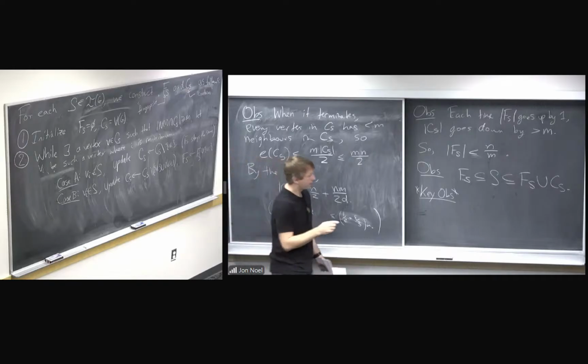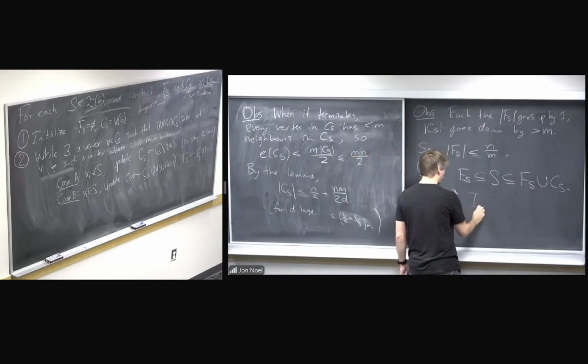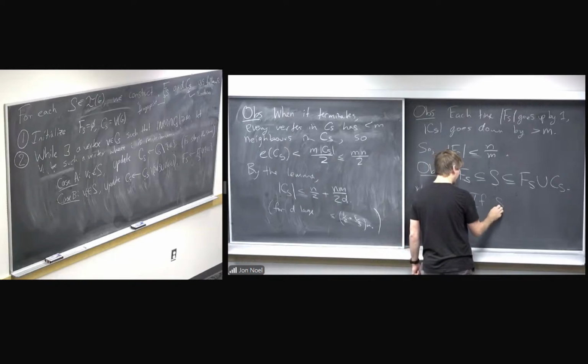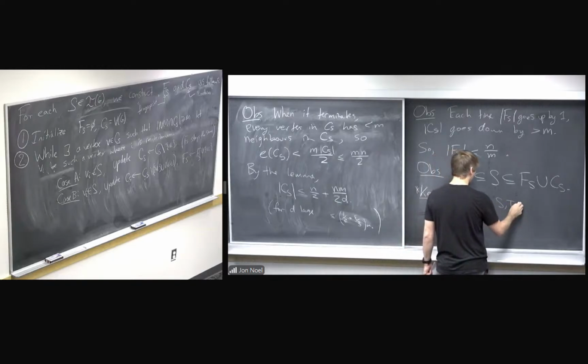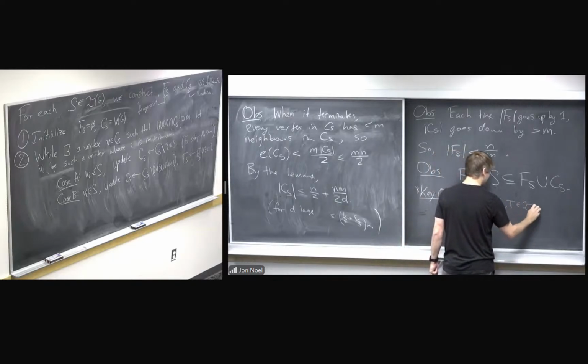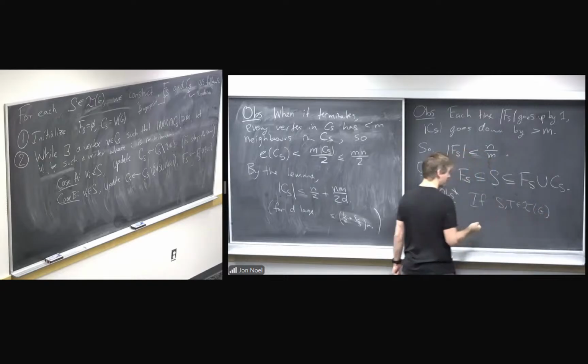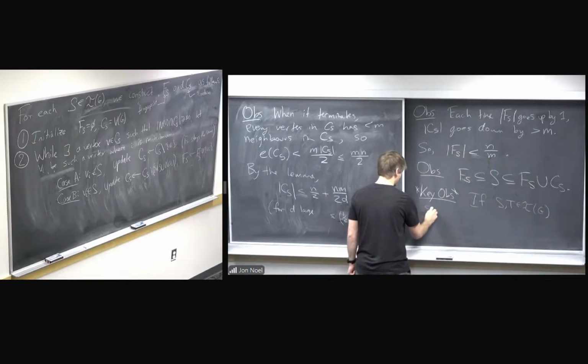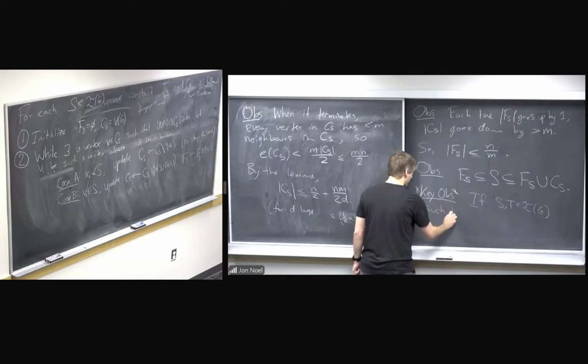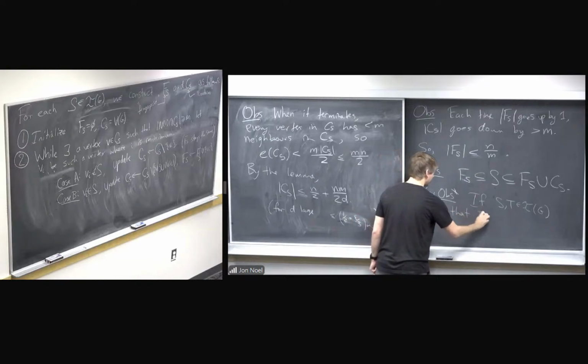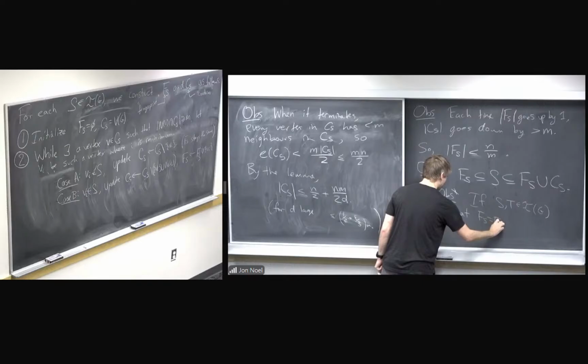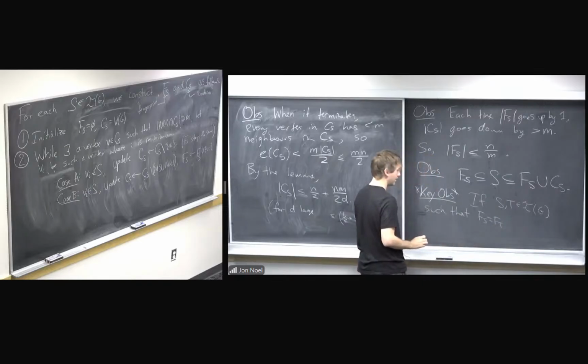What I want to claim now is that if S and T are two possibly different independent sets, and they have the same fingerprint, so if Fs equals Ft, then they've got the same container.